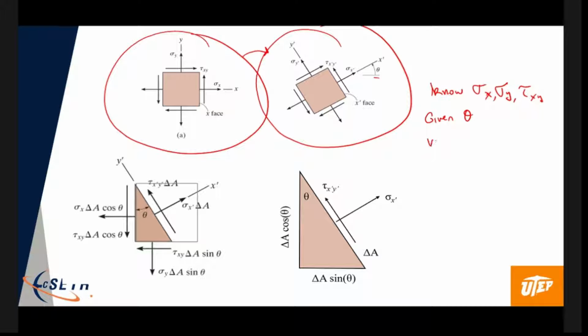We want sigma x prime, sigma y prime, and tau x prime y prime. Does that make sense? We want to figure out what should be the components in this new coordinate system.